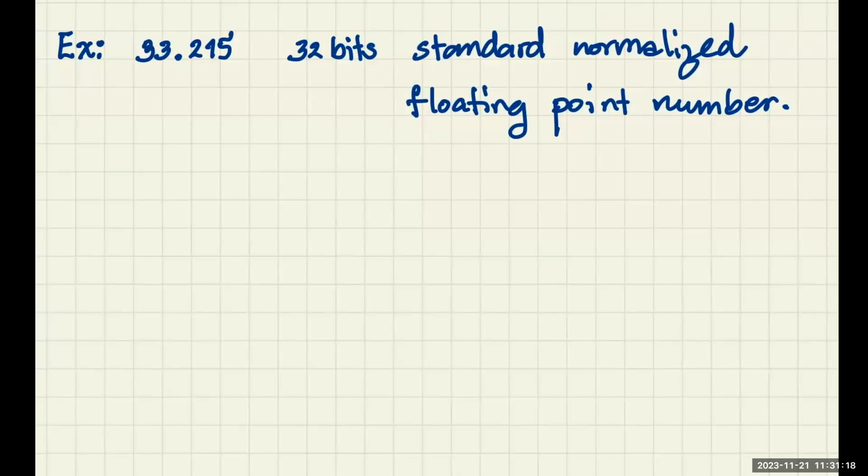So we have to convert this to base 2. First step, we will split it up into 33 and 0.215, okay? So we have to divide the whole thing by 2.